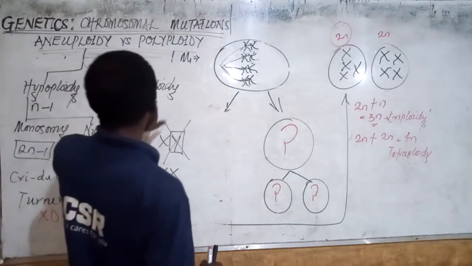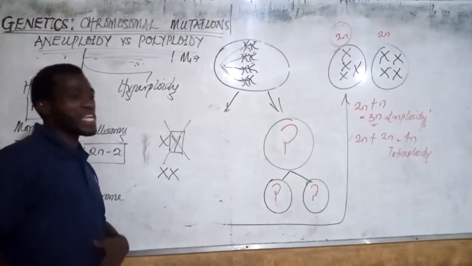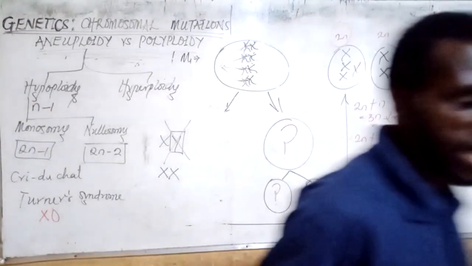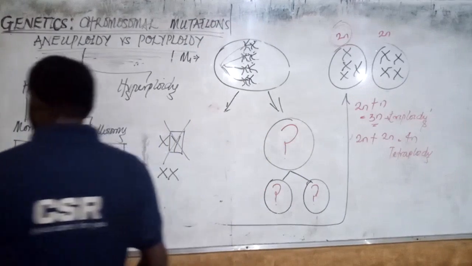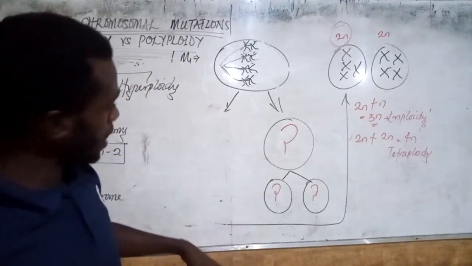Alright. Now hyperploidy is a condition where there is an increase in the number of chromosomes, and that is what we talked about in trisomy.